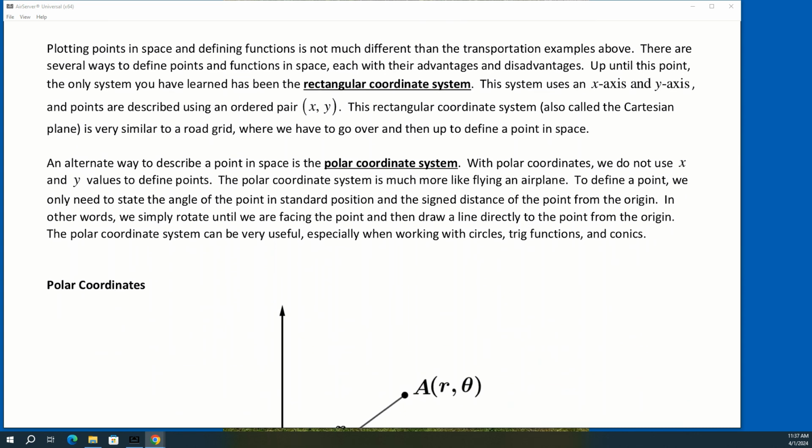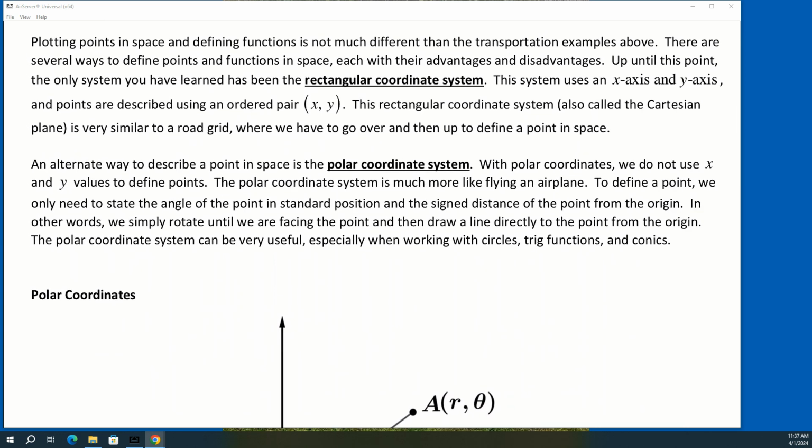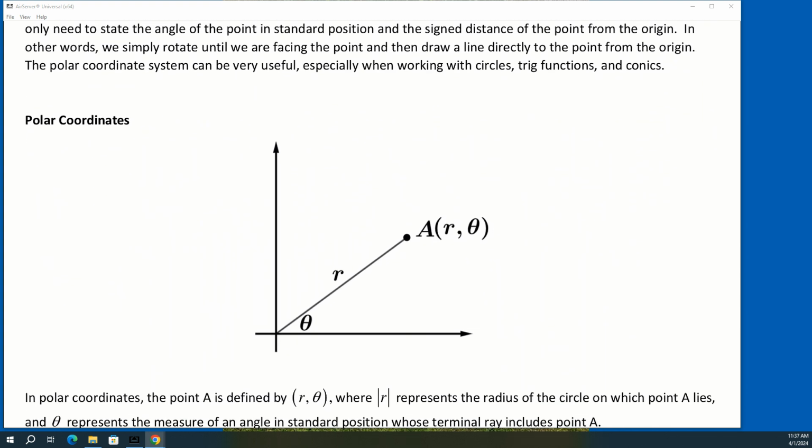Instead of using the rectangular coordinate system where you go over a certain amount and then up or down a certain amount to get to a point, we're actually going to go straight to the point. So the polar coordinates tell you the distance that you travel and then the angle that you travel that distance.